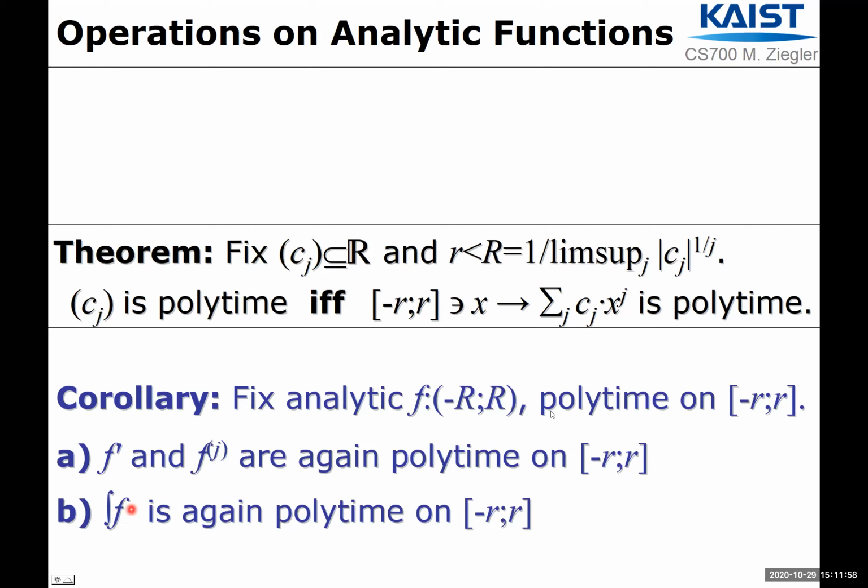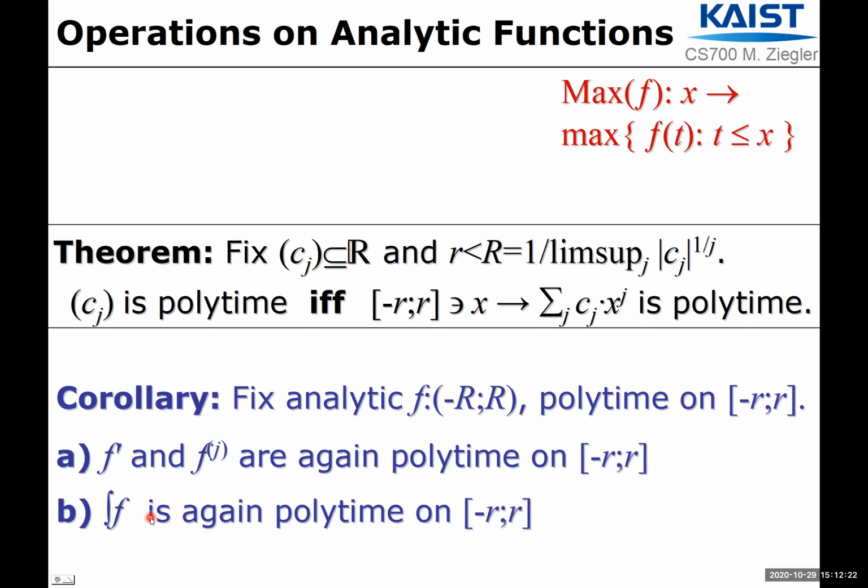For every single term, the integral of the jth term, for example, is c_j times x to the j plus 1 divided by j plus 1, right? So symbolic integration. And that asserts polynomial time computability of the indefinite integral, the antiderivative.